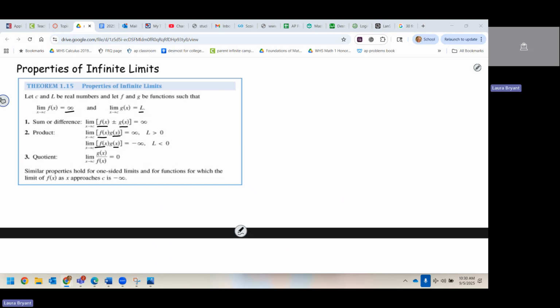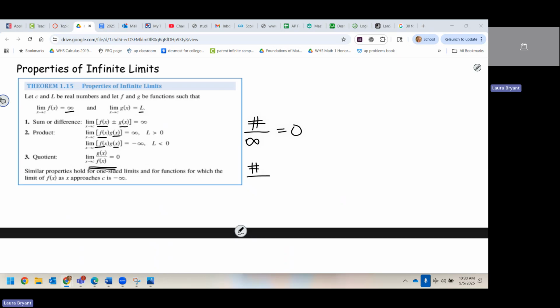And if you multiply infinity times a negative number, you just get negative infinity. And then here, if you take a number divided by infinity, that is going to go to 0. That's what this one is saying. We talked about that yesterday in class. It was like, I have $1, and I split it up among everyone in the earth. And we did not get very much money from that. We all got 0. So any number divided by a very large number is going to go to 0.